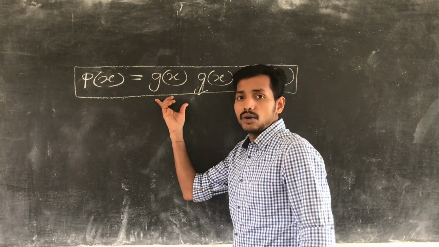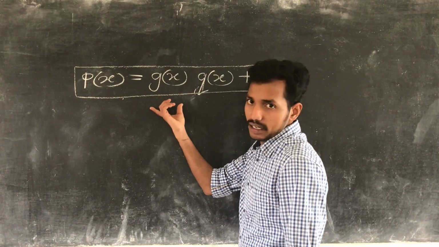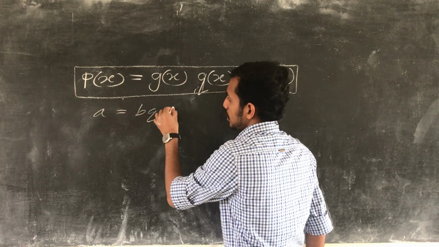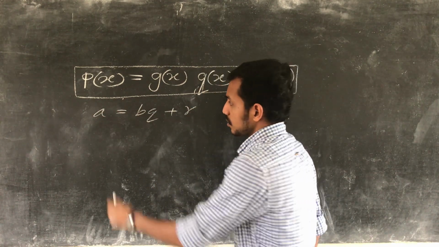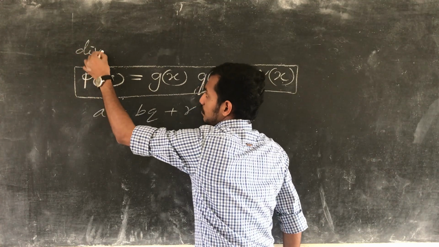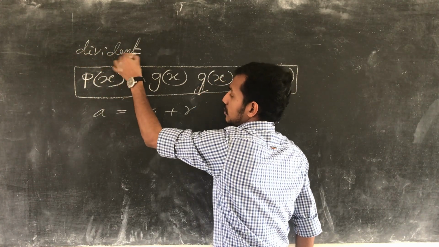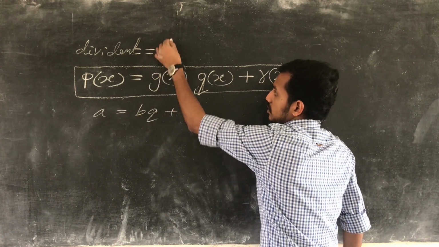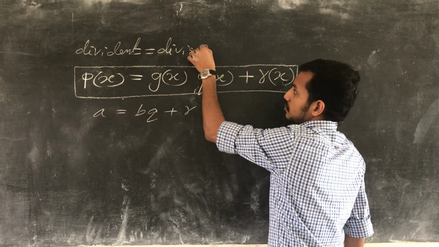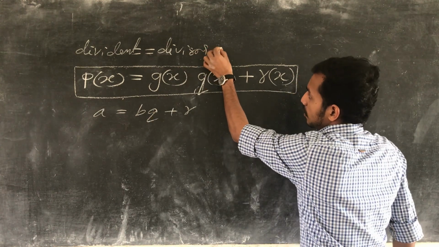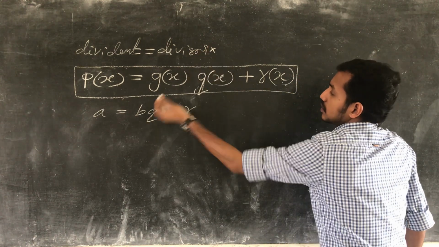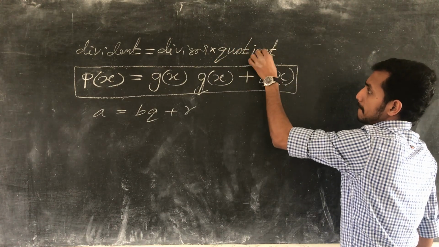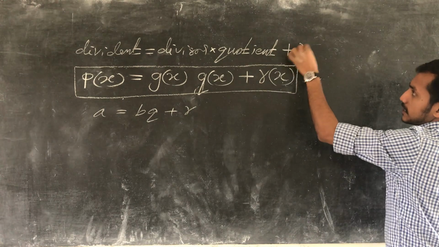We already learned Euclid's division lemma for real numbers, the same as a equals bq plus r, where a was the dividend and b was the divisor and q is the quotient and r is the remainder.